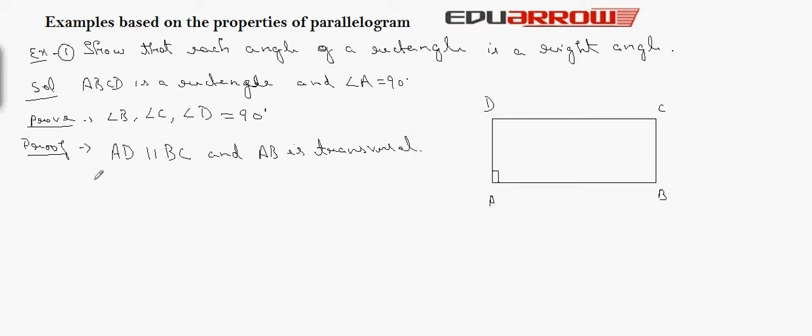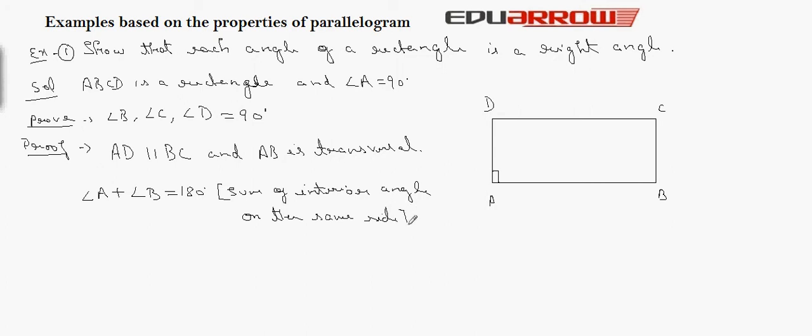So we can write here angle A plus angle B is equal to 180 degree, as the sum of interior opposite angles on the same side of transversal is 180 degree.